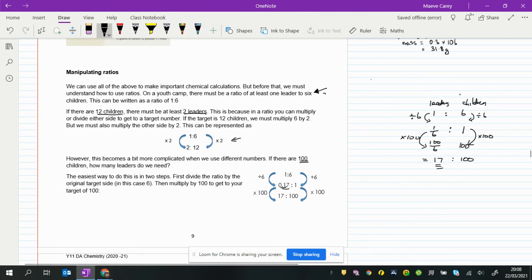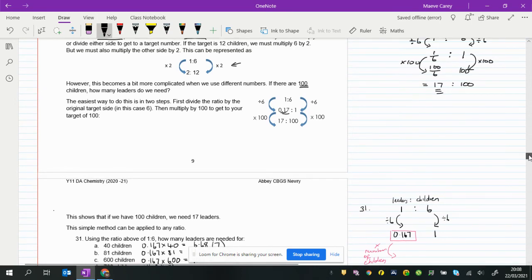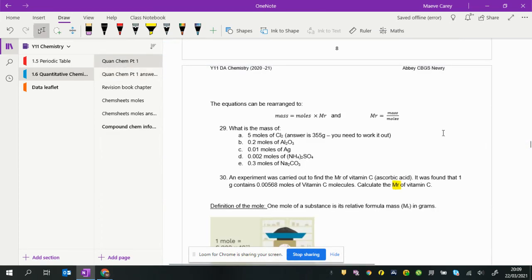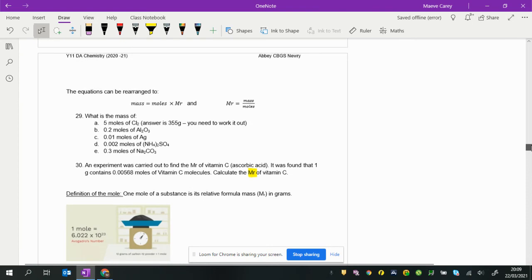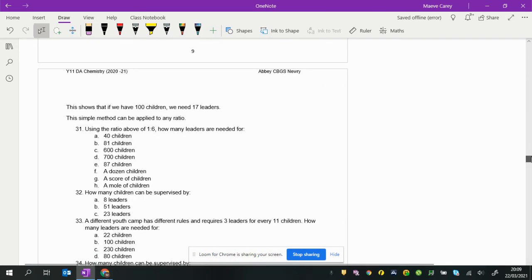So you would do that again. The simple method can be applied to any ratio, so let's see if we can do another one. Using that idea, can you work out how many leaders are required for those numbers of children?